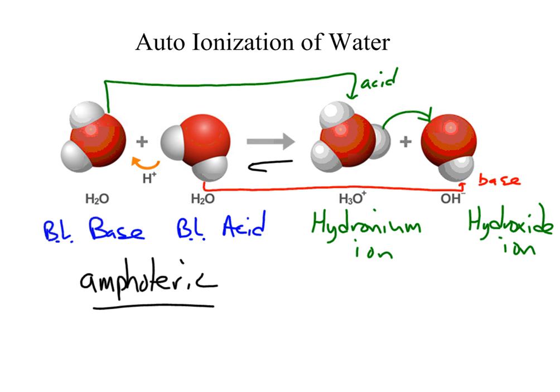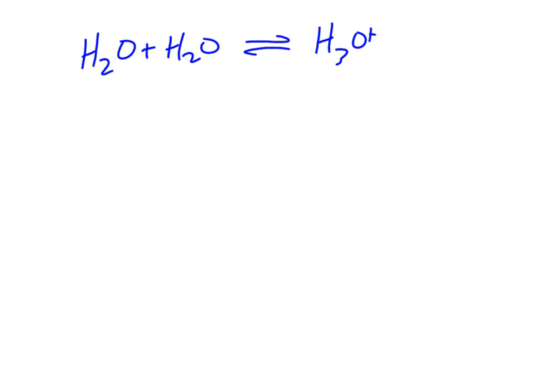What we want to do now is take a look at this equilibrium in a little more depth. So let's rewrite this again. We've got H2O plus H2O going in both directions to H3O+ plus OH-.